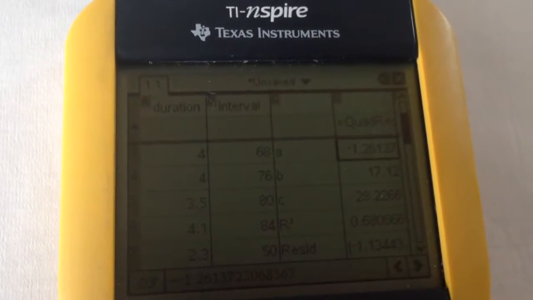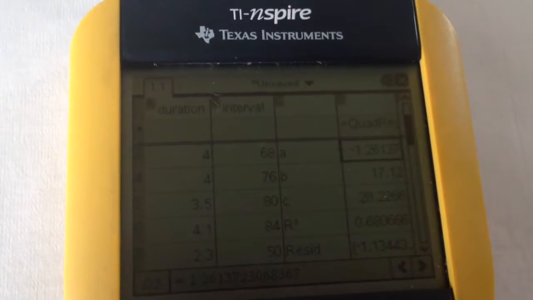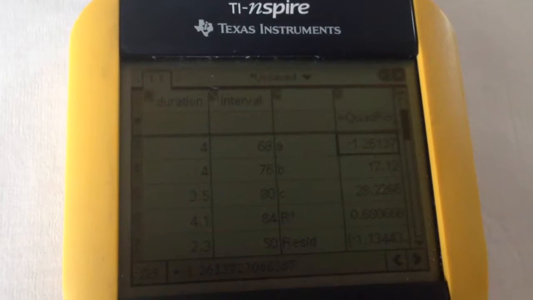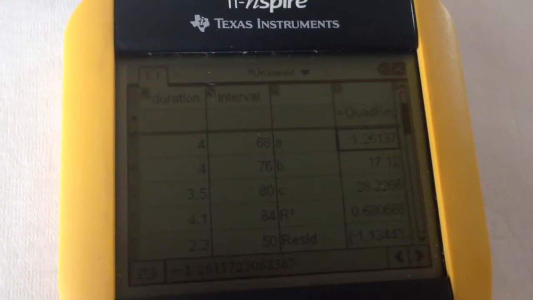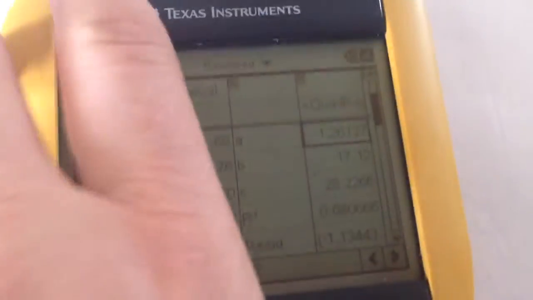You can see that A is negative 1.26, B is 17.12, and C is 28.23, and then our R squared is not that close to 1, it's 0.68, so this is not a really good fit.